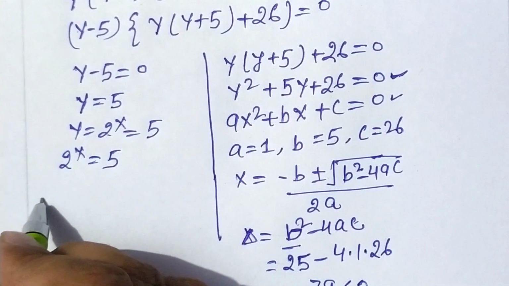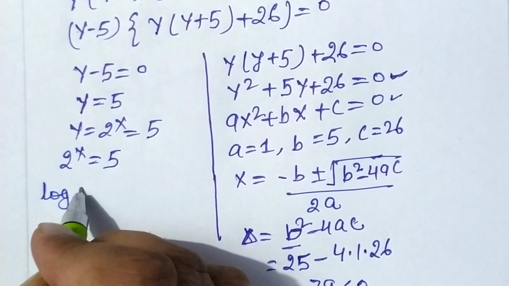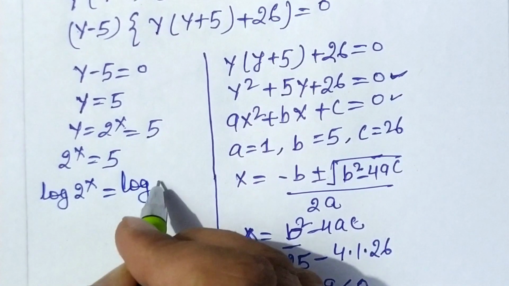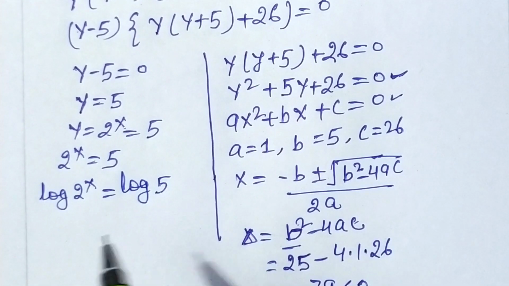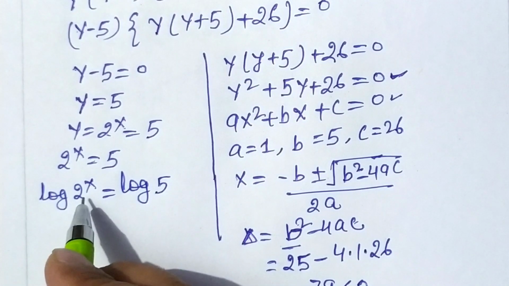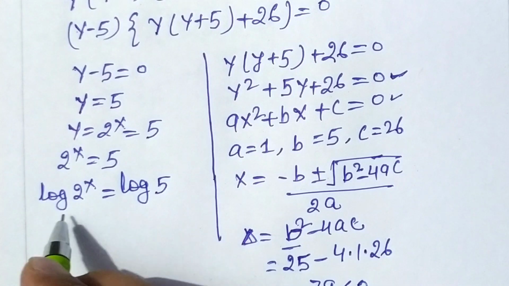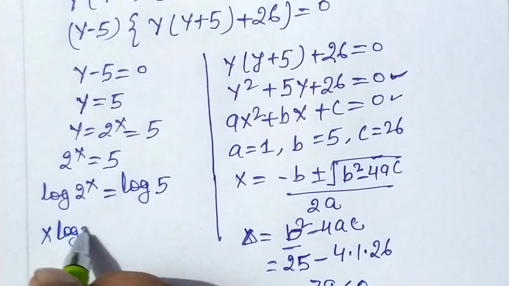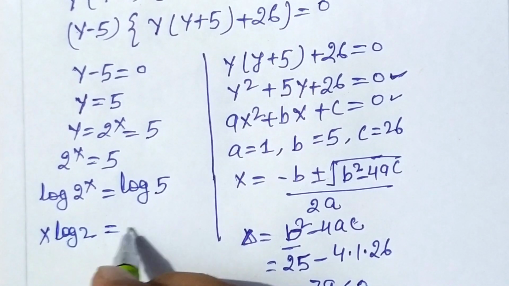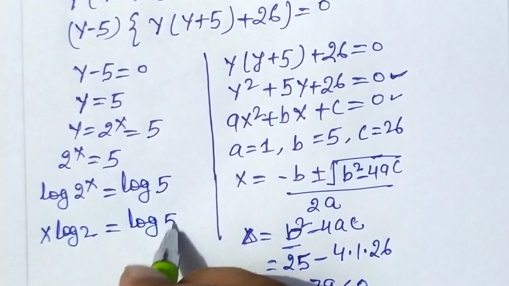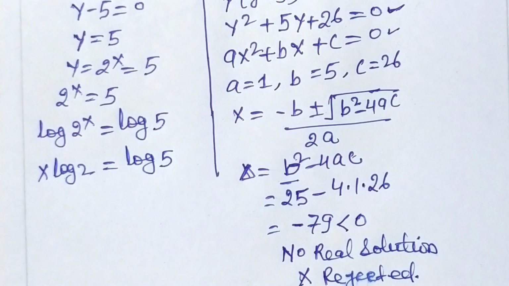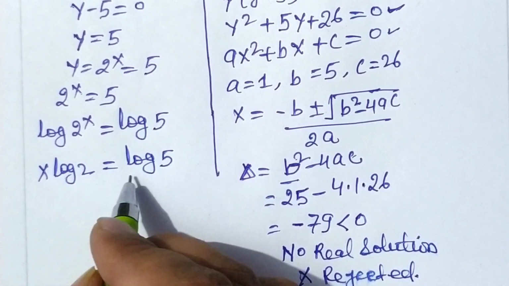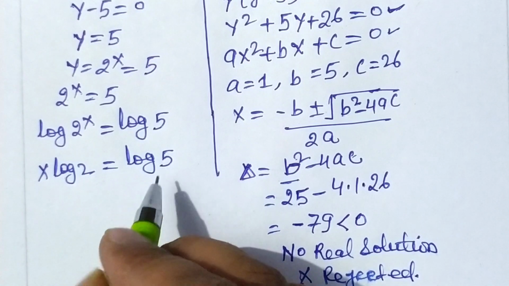Taking log on both sides, log 2 to the power of x is equal to log 5. We know that log a to the power of b is equal to b log a. By using this formula, we can write x log 2 is equal to log 5.